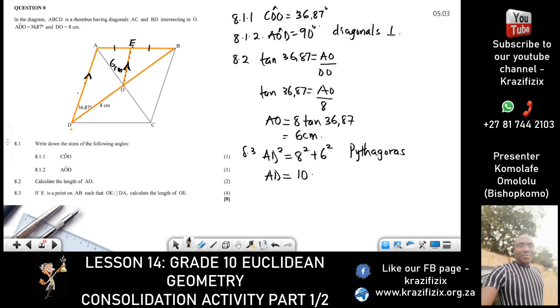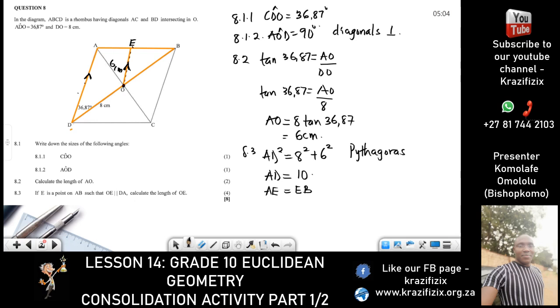Good. Now, since AE equals EB, we are told E is a point on AB. E is a point on AB such that OE is parallel to AD.